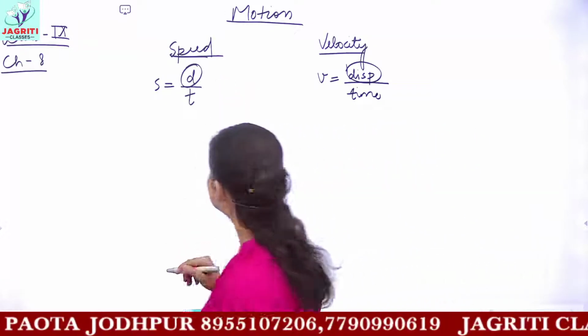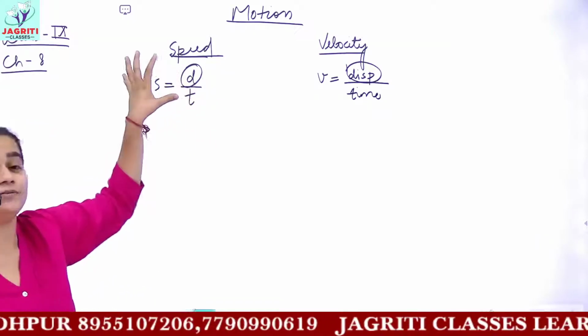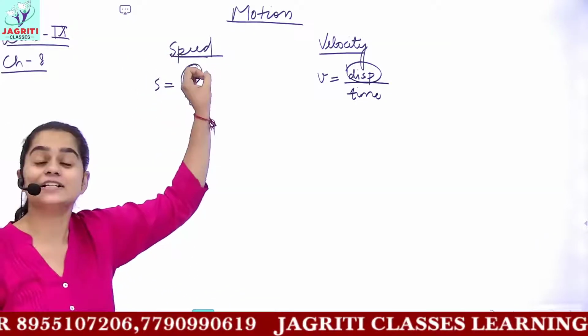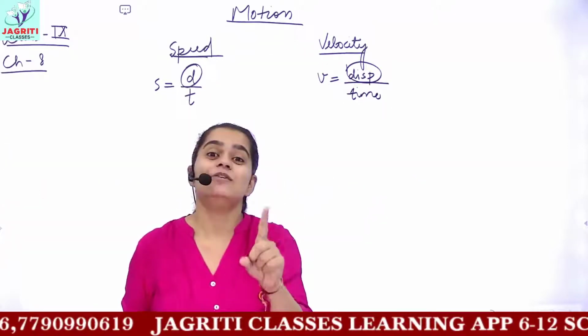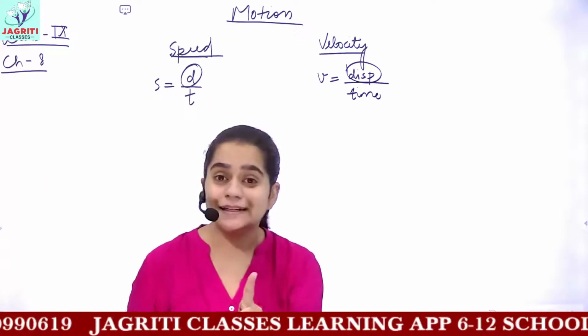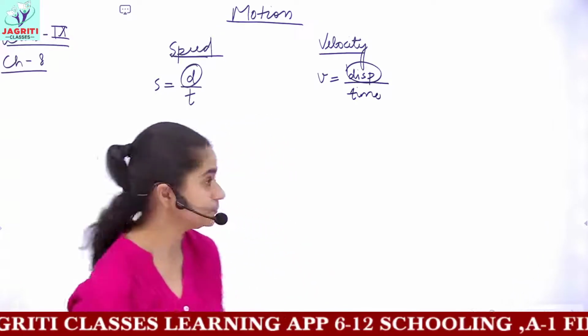So now we said that speed is a scalar quantity because we do not require any kind of direction while calculating speed, whereas velocity is your vector quantity. Vector quantities are those quantities which involve magnitude as well as direction.